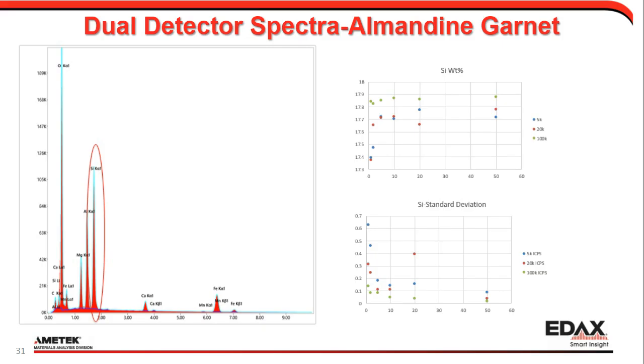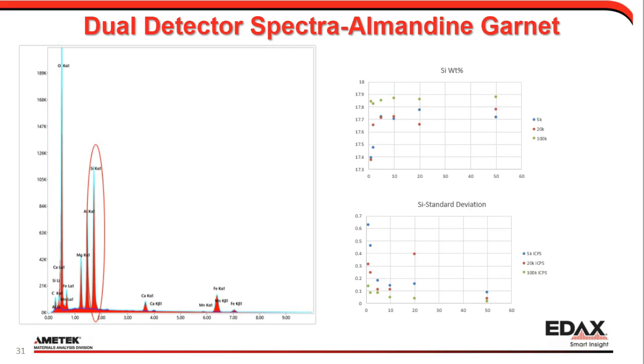So this is the weight percent we get out after averaging all the spectra. I did 10 acquisitions per point just to build up statistics a bit. And if we look at the standard deviation between those 10 spectra, we can see sort of the same thing.